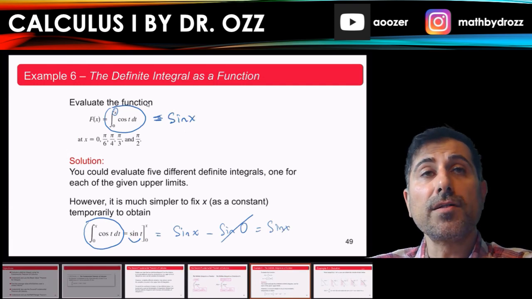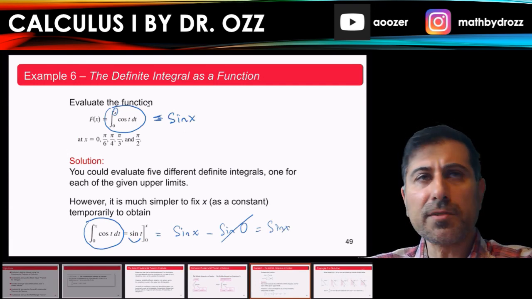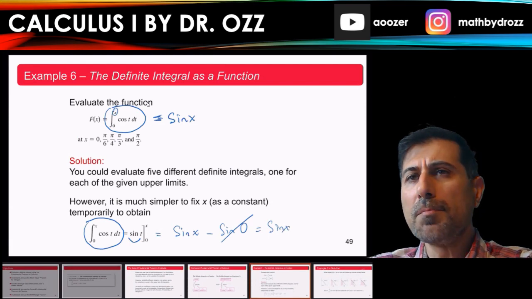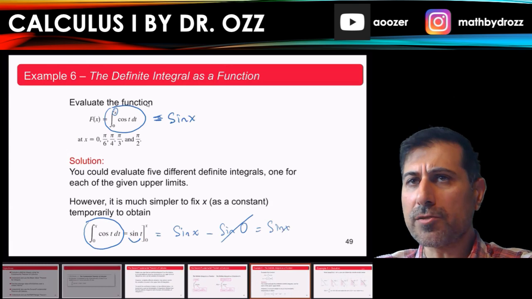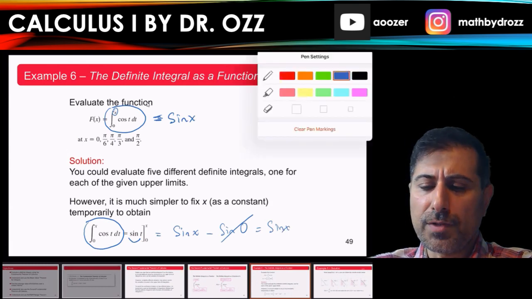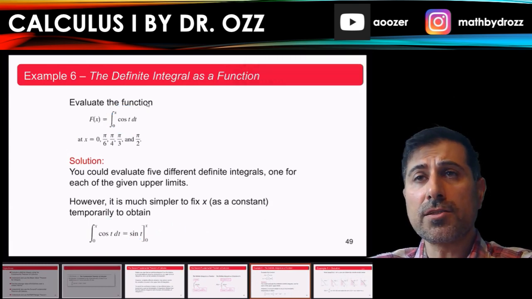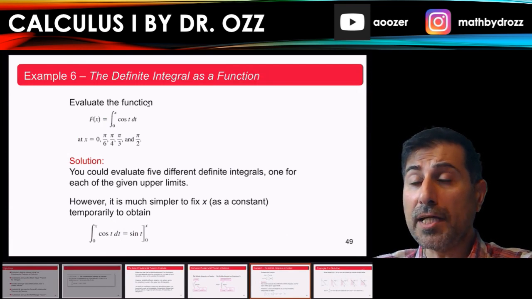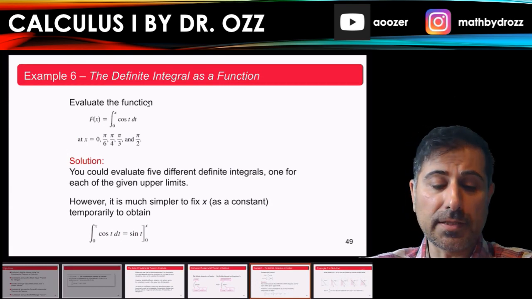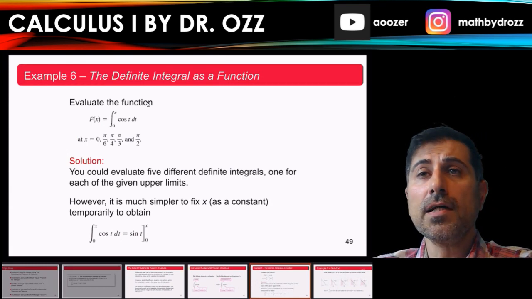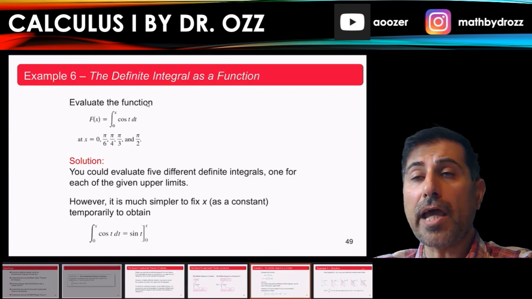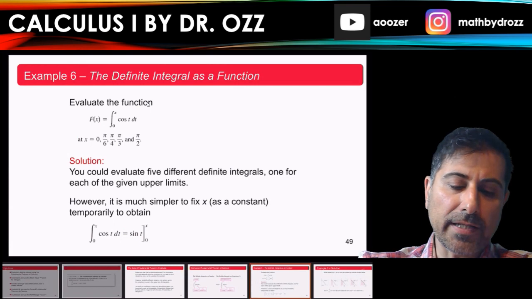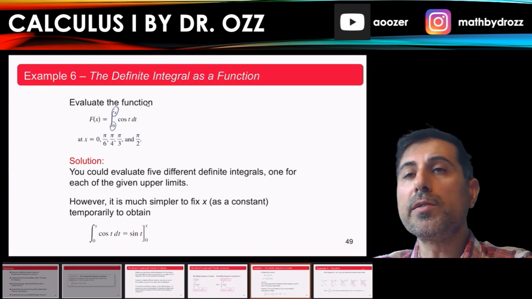In the next step, obviously we're going to evaluate sine at 0, sine at pi over 6, sine at pi over 4, and so on. But what is the meaning of this geometrically? One thing we know from the earlier sections is that if you have a non-negative function to start with, and you integrate it over, let's say, the domain 0 to x, the result is the area between the curve and the x-axis, with x stuck in between the lower and upper limits.